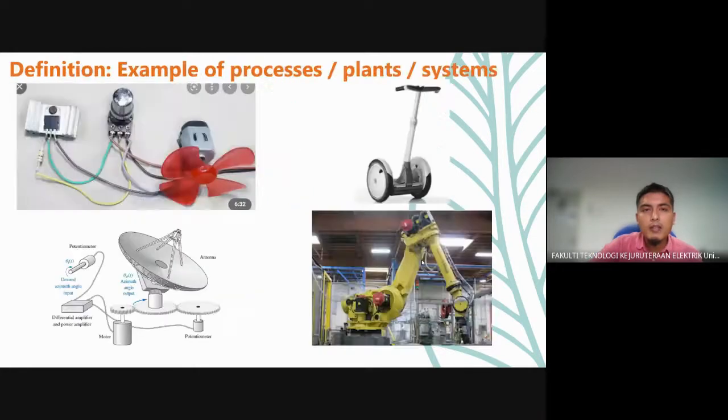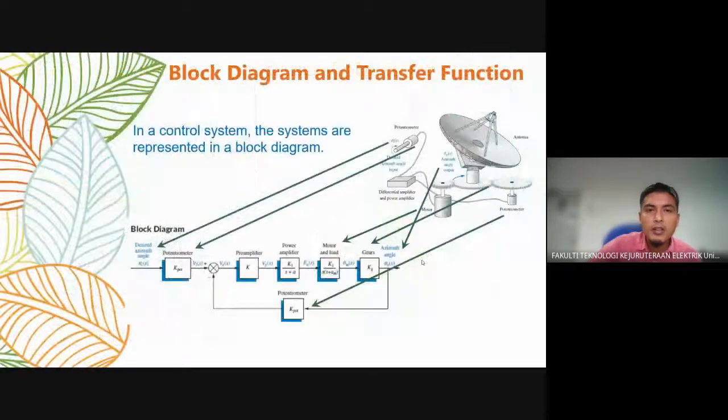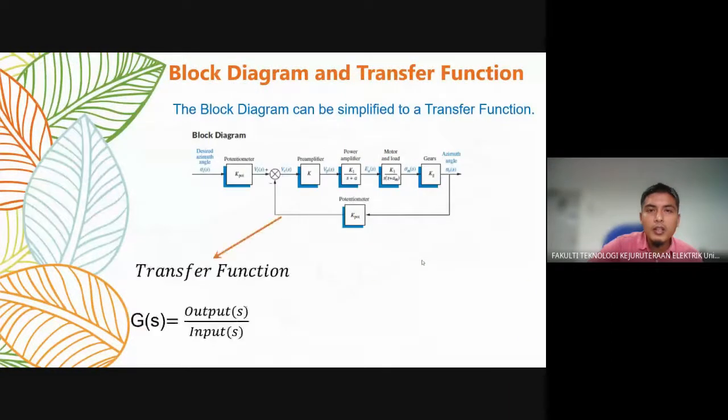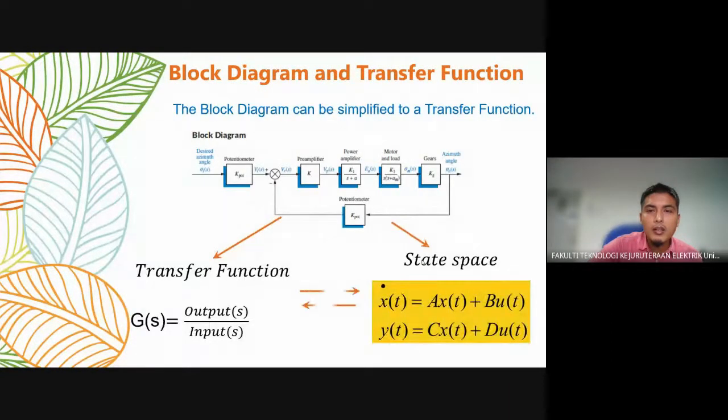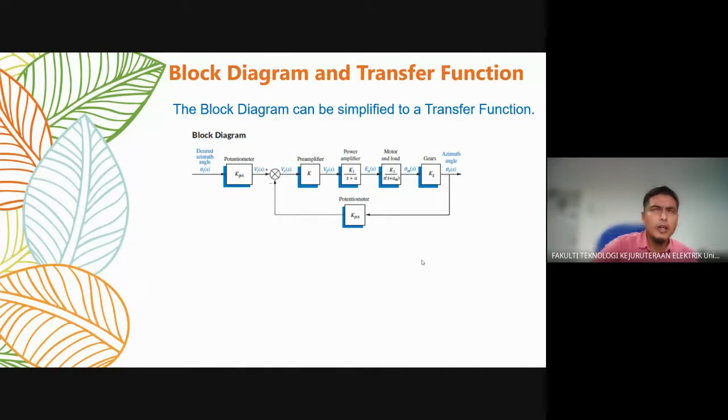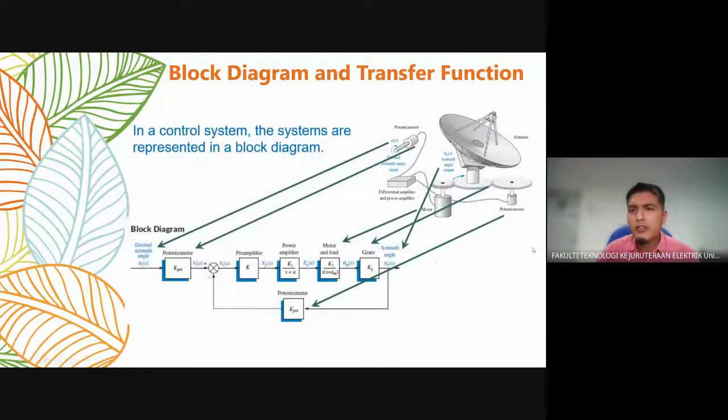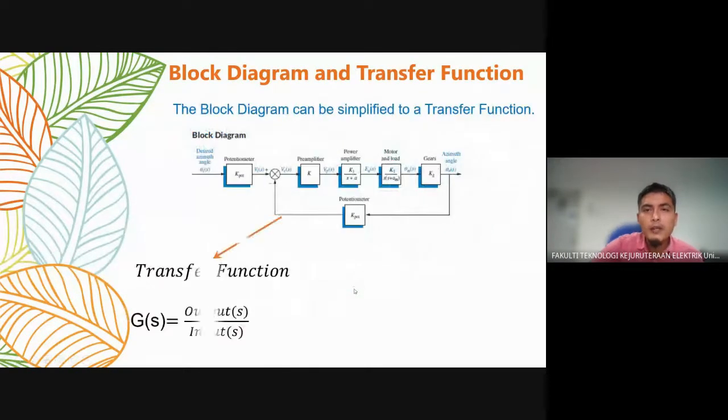This is an example of processes, plants, and systems. From the system, you can convert to a block diagram. Then in control 1, you converted the block diagram obtained from the system to a transfer function.